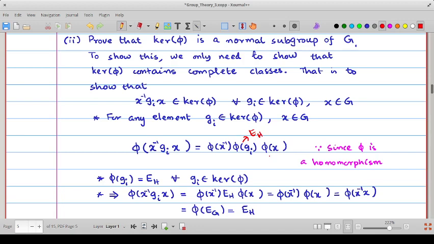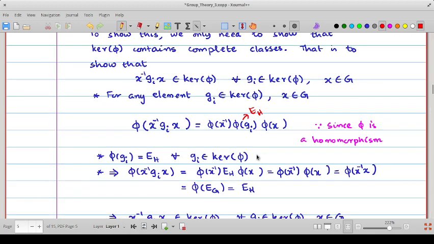So now EH times phi of x is simply phi of x. So we have phi of x inverse Gi x is equal to phi x inverse, then this is EH, then phi of x, which is nothing but phi x inverse times phi x. That's because EH times phi x is phi of x.